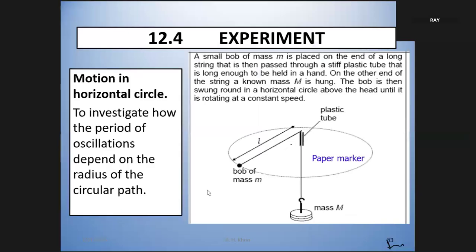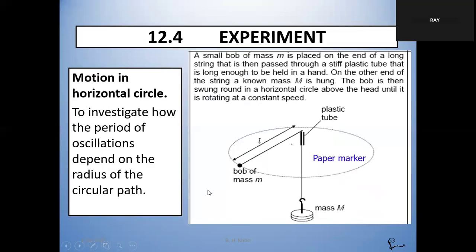Okay, this is for paper 5, motion in a circle. To investigate how the period of oscillation depends on the radius of the circular path. There's a bob or mass M, there's a radius, length L, there's a plastic tube, and you can put a paper marker here.